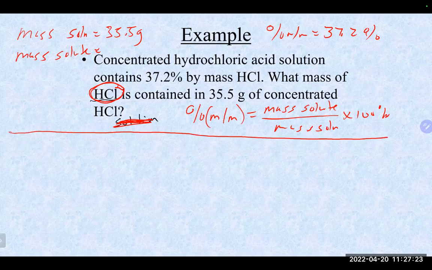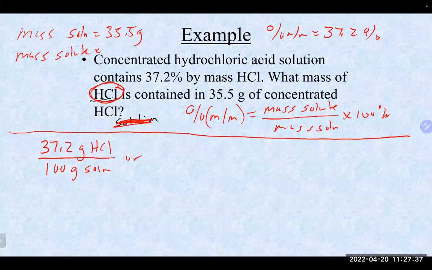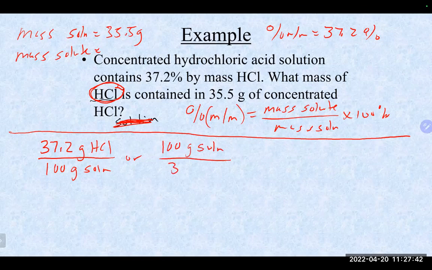So I'm just going to do the dimensional analysis approach so that you can kind of see it that way. 37.2% means I have 37.2 grams of HCl in 100 grams of solution. Or you could do 100 grams of solution over 37.2 grams of HCl.